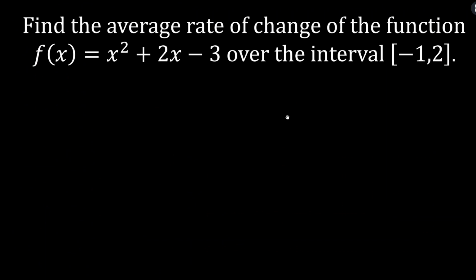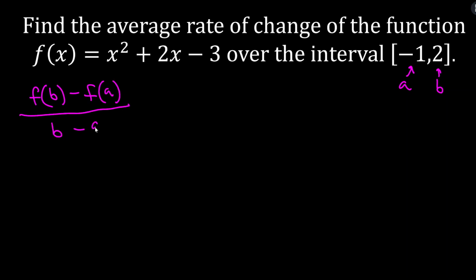Find the average rate of change of this function over this interval. So kids tend to have a pretty easy time with this because they just remember the formula. They identify this as A, they identify this as B, and then they say, oh, okay, f of B, you can even write it out if that's helpful. F of B minus f of A, they know that these are y values. And then B minus A, they know those are just given to you.